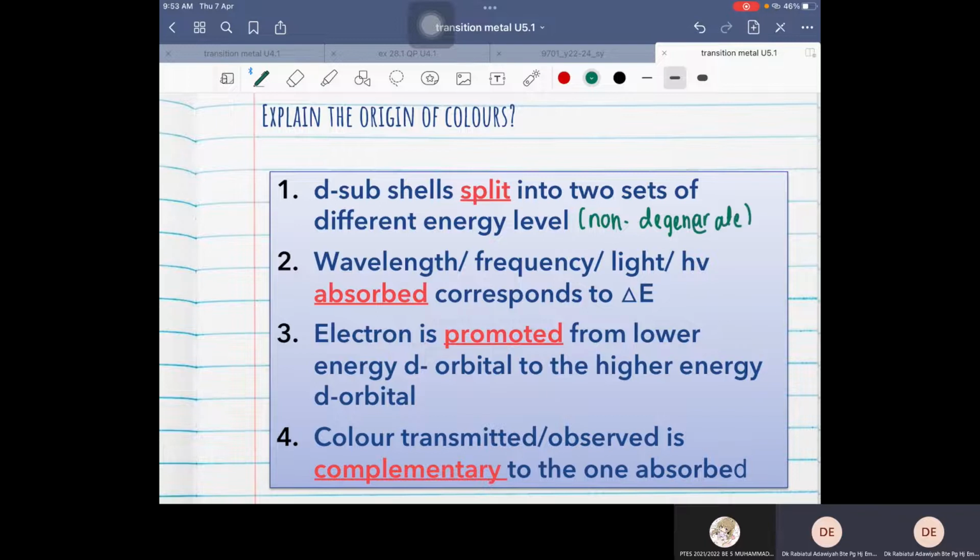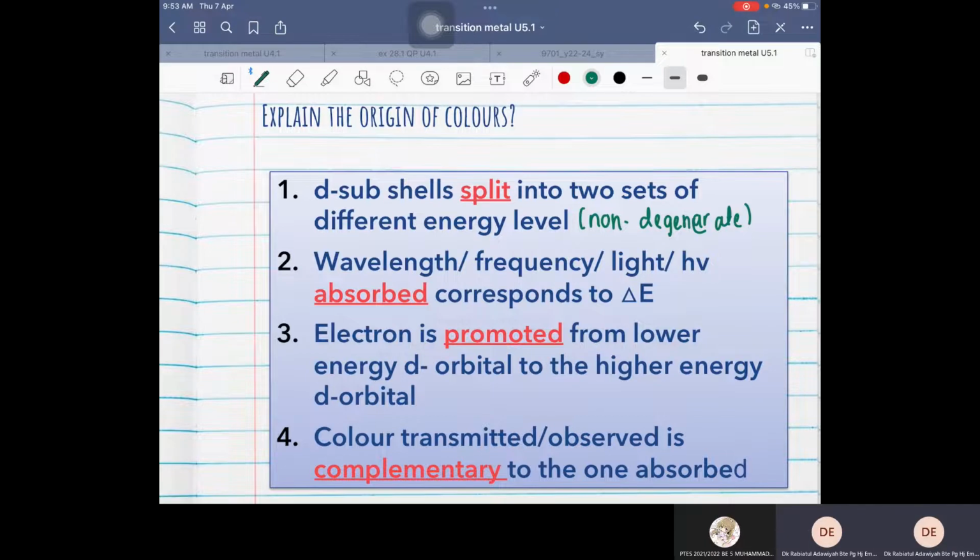Degenerate, cannot spell. And then light is being absorbed, that corresponds to the delta E. It has to match the size of the gap. This light being absorbed is in the form of energy. So this energy is used to promote or to excite the electron from the lower d orbitals to the higher d orbitals.